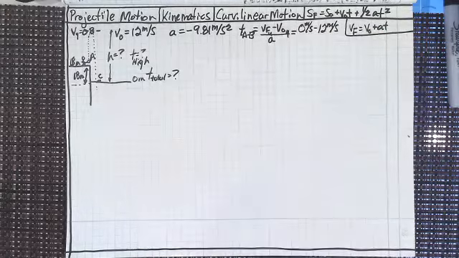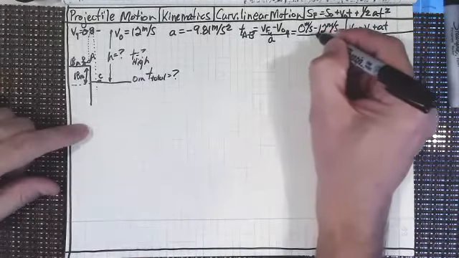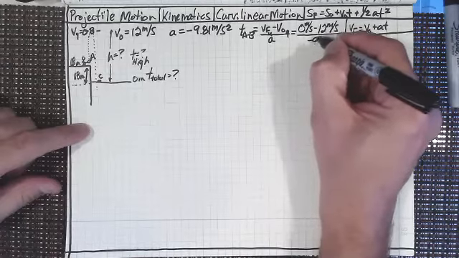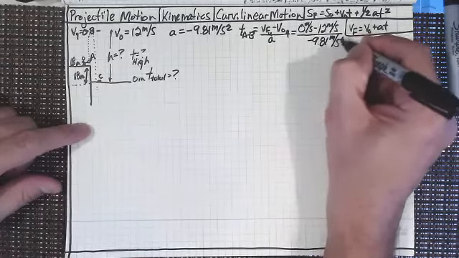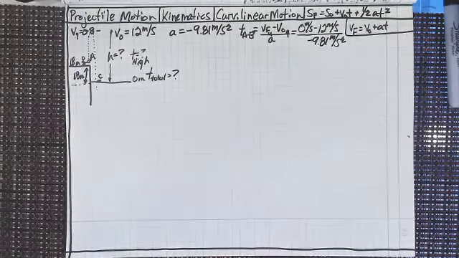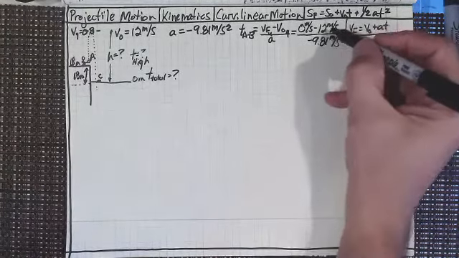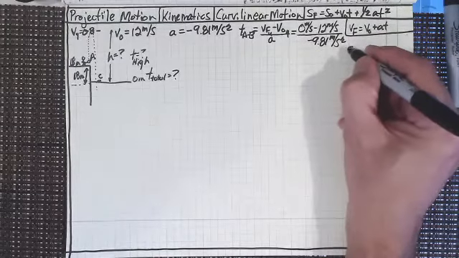Did I start that? Yes, I did. Okay, good. And then divided by minus 9.81 meters per second squared. Does everyone see we got a minus in both of those two points here? I've got minus 12 meters per second and minus 9.81 meters per second squared.